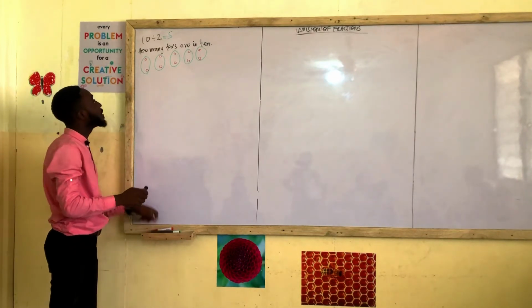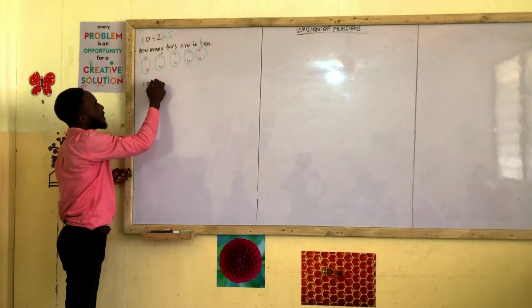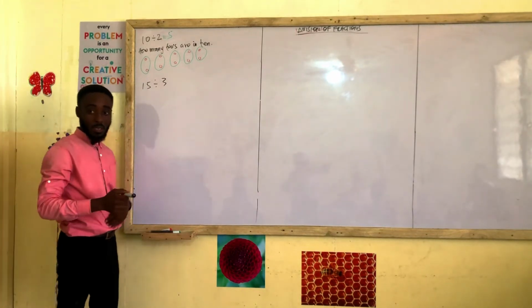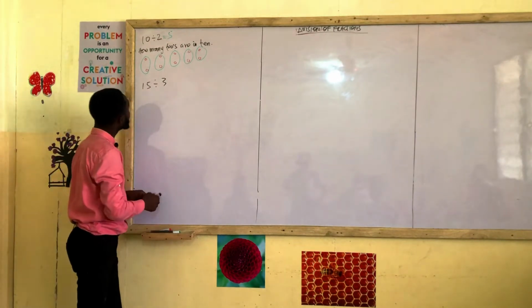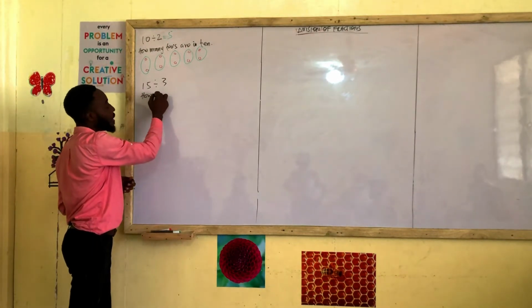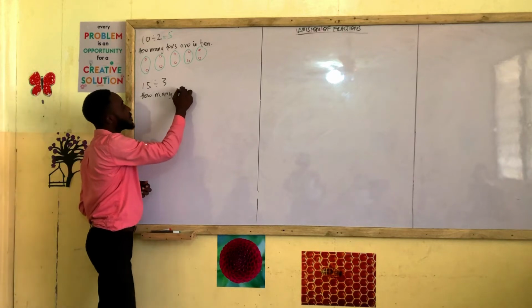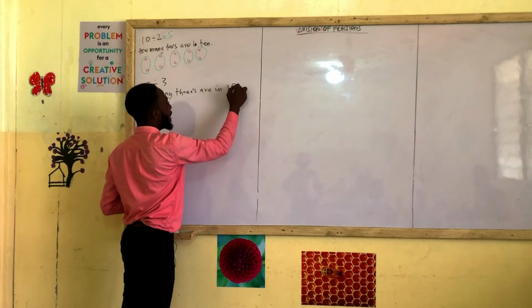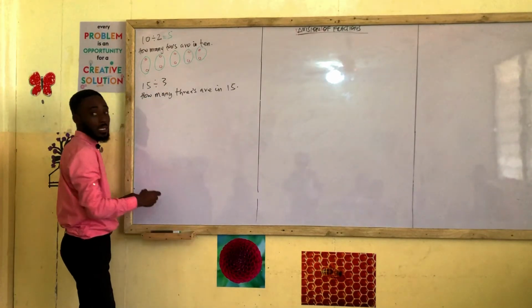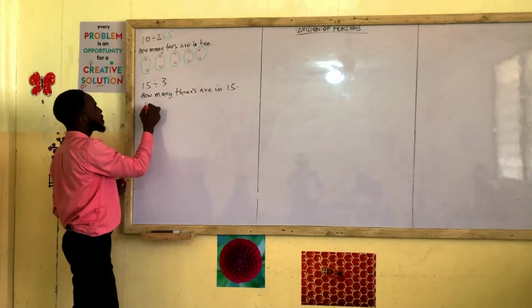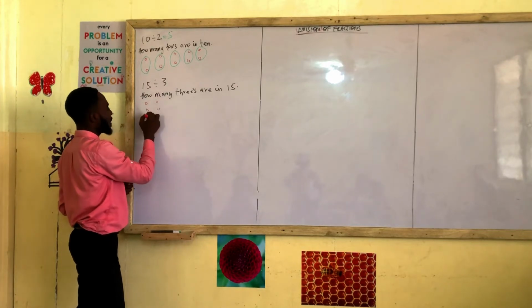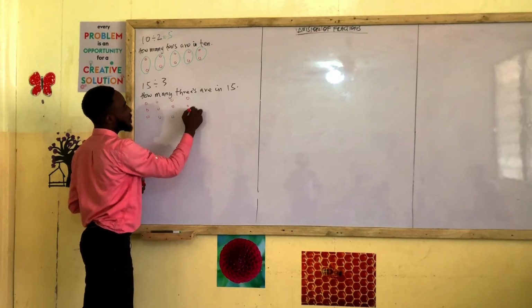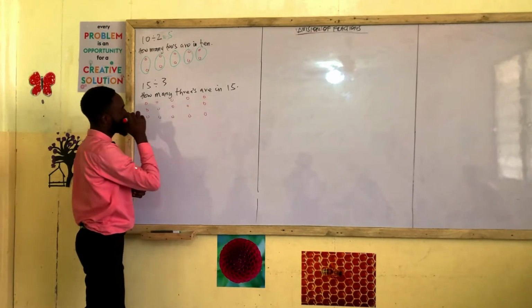So let's try another one as well. 15 divided by 3. How will you say this simply, just like the first one? How many 3's are in 15? So drawing this would have something like this. 1, 2, 3, 4, let me make it like this. 9, 10, 11, 12, 13, 14, 15.